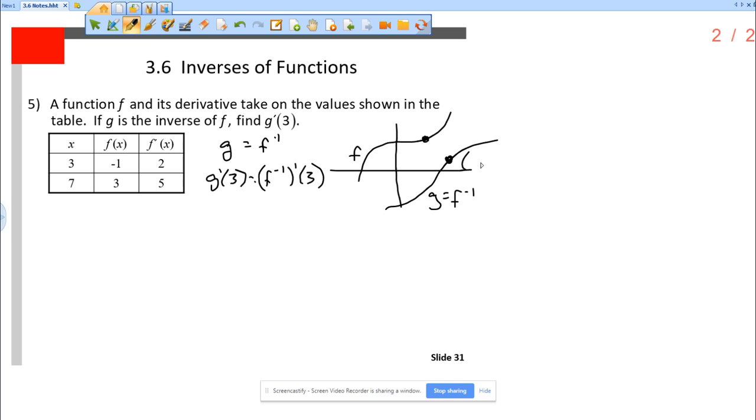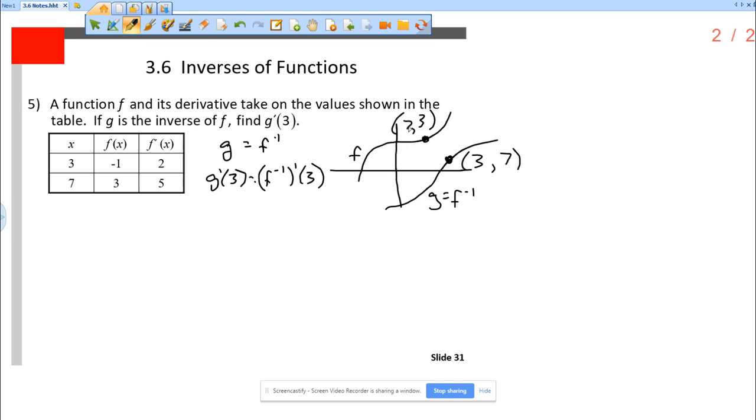That means 3 is the x value on f inverse, or on g, which means 3 is the y value on f. Now go down here. This table says that when x is 3, f of x is -1. But that's not what I want, because I want f of x to equal 3. So the x value is 7. We get 7 comma 3, which means this is 3 comma 7.